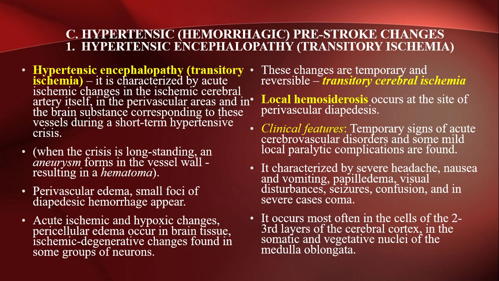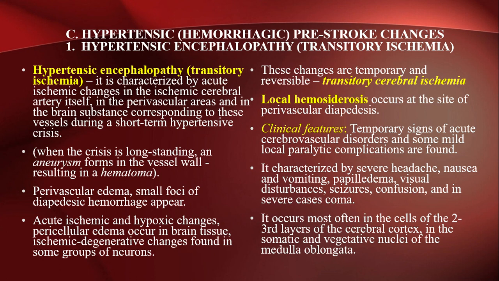The clinical features of hypertensive encephalopathy: temporary signs of acute cerebrovascular disorders and some mild local paralytic complications are found. It is characterized by severe headache, nausea and vomiting, papilledema, visual disturbances, seizures, confusion, and in severe cases coma.